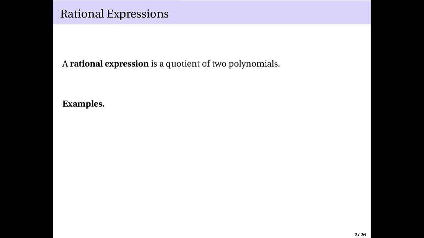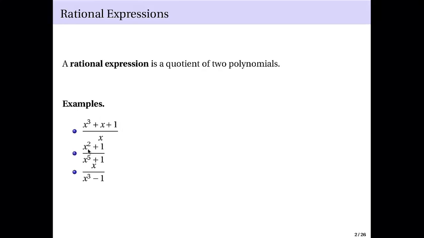So here are some examples of rational expressions. Here you have x cubed plus x plus 1 divided by x. This is a third degree polynomial in the numerator and a first degree polynomial in the denominator.